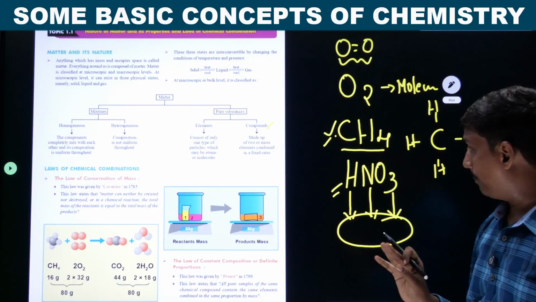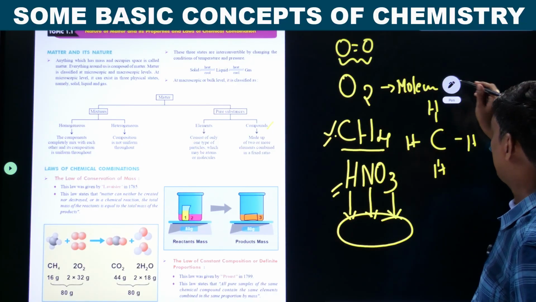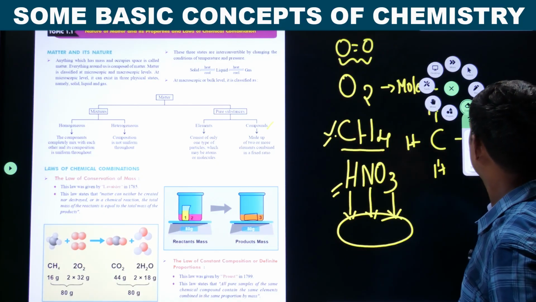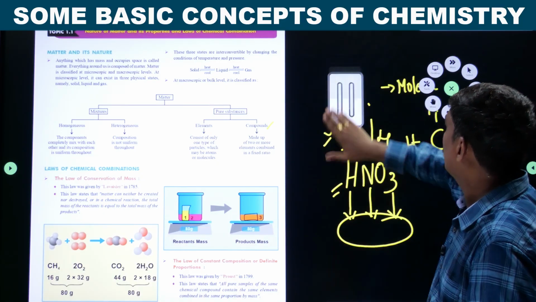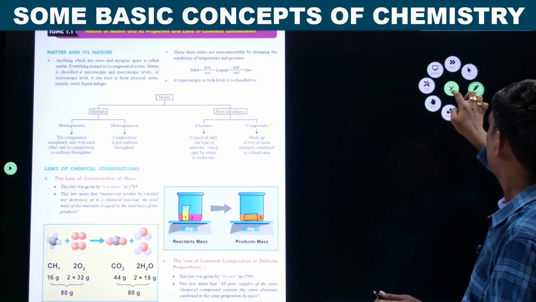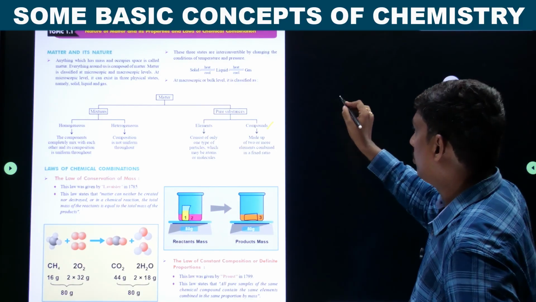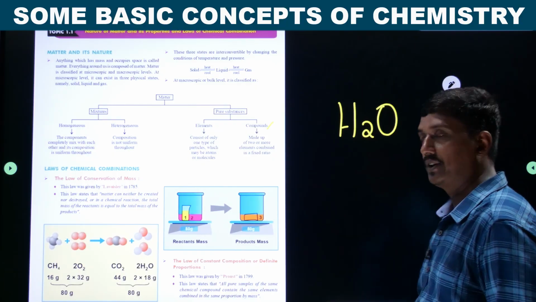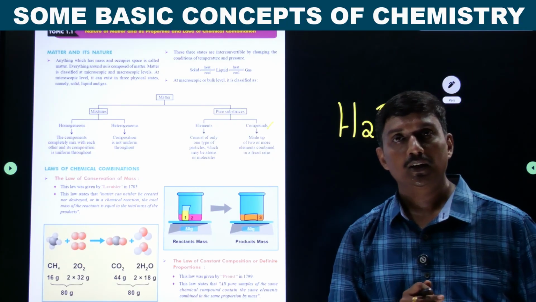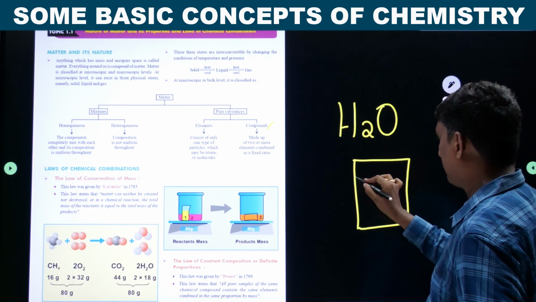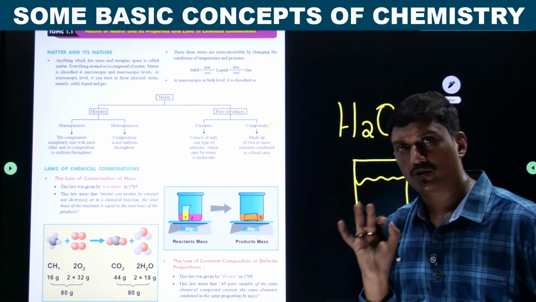You take another simple example. This is a very important thing. Most familiar is H2O. What is this? It's water. You take a container, take water. It's the purest form.